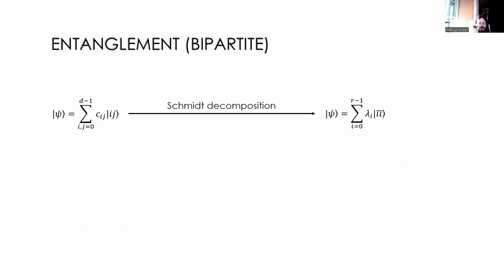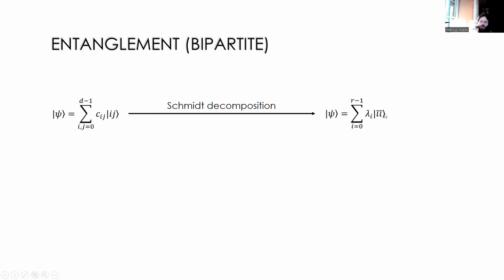So, if I write down a quantum state of a bipartite system, I can find any basis whose vectors I denote with i and j, and expand any bipartite state in that basis. And I can then do what is called a Schmidt decomposition, basically a bi-orthogonal decomposition.